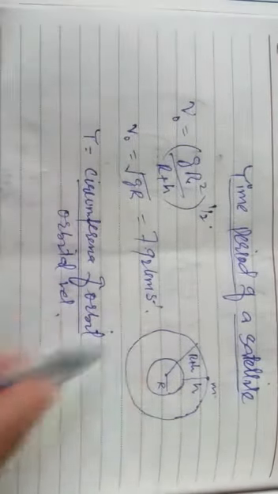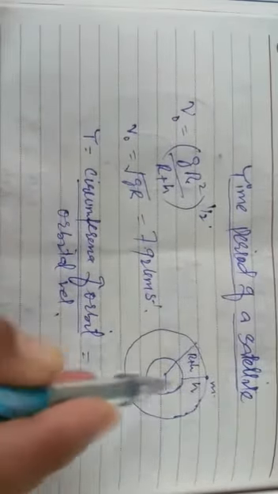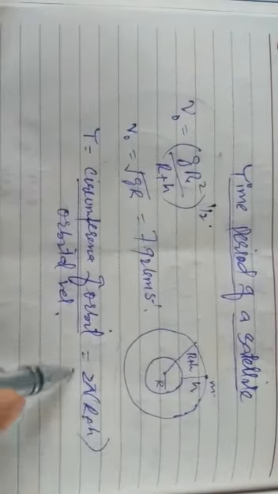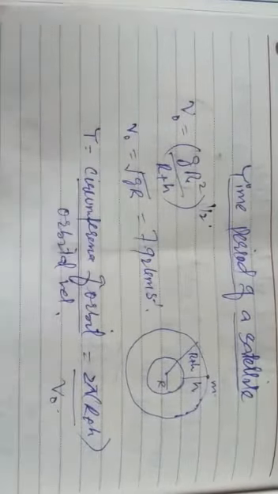The circumference is 2π(R+h), divided by the orbital velocity, that is v0.